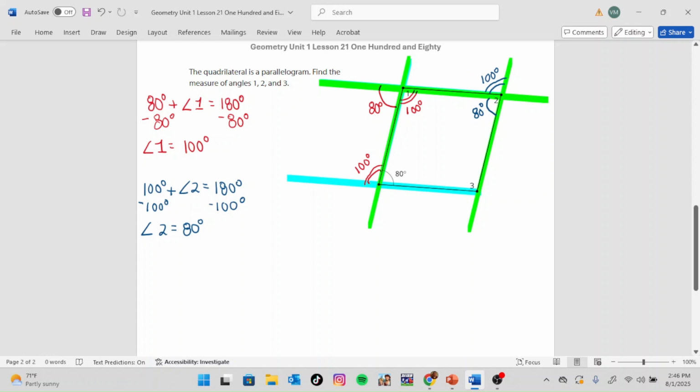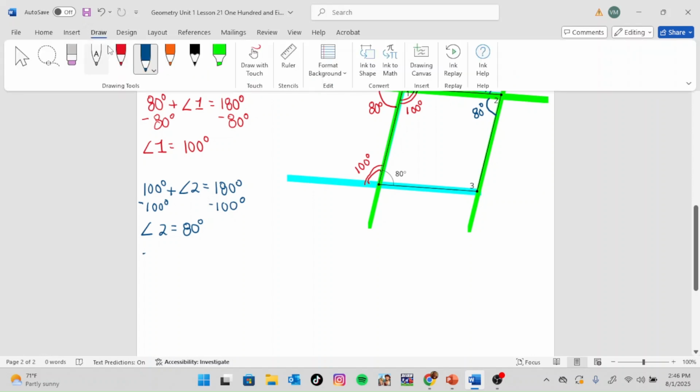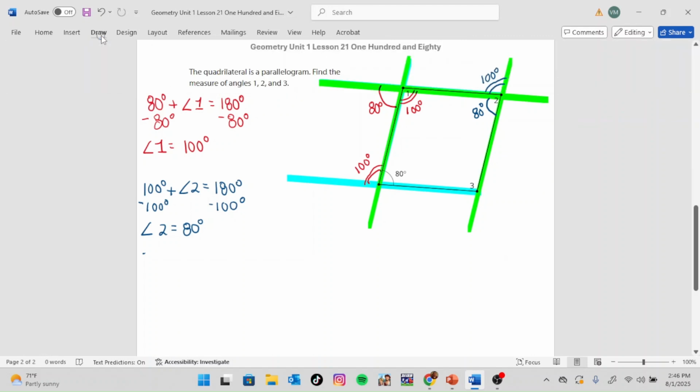Or squares, just like circles, are going to be 360 degrees inside.